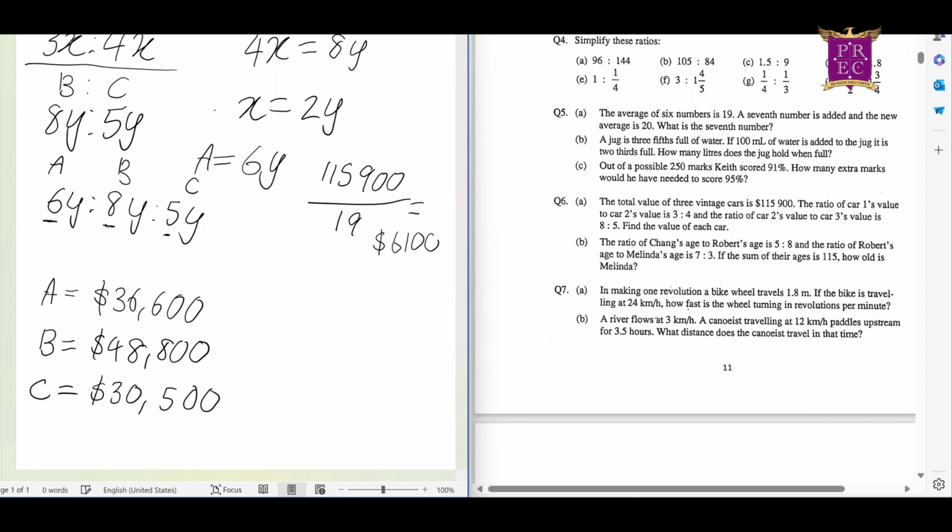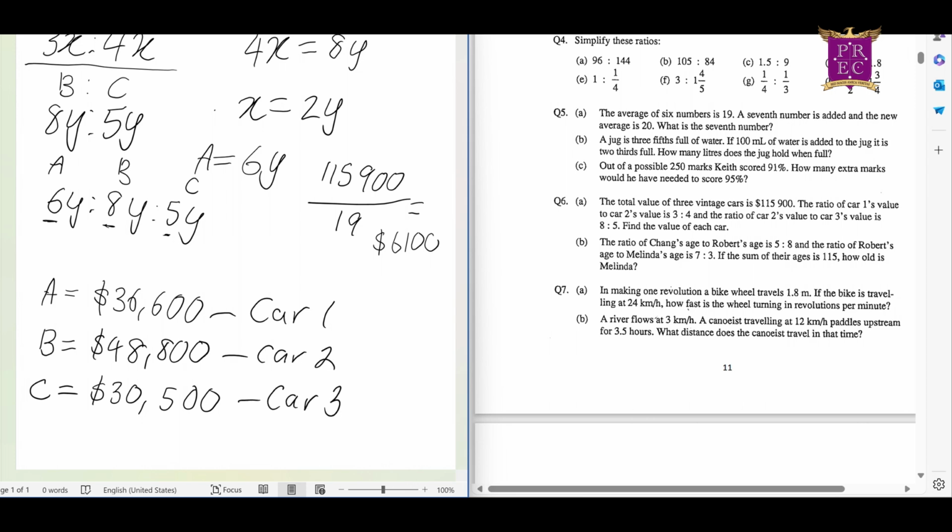Okay, and that's it. When you add all these up, it should add up to 115,900. Okay, and that's your answer. This is car 1, car 2, and car 3.